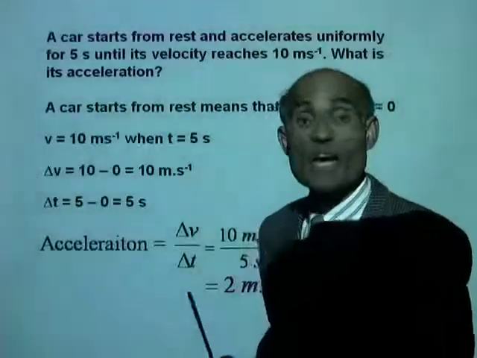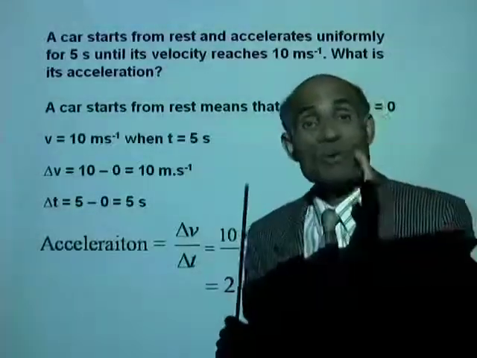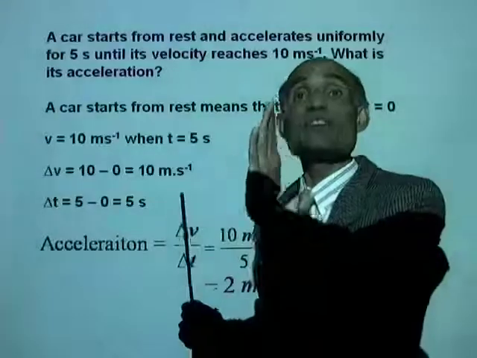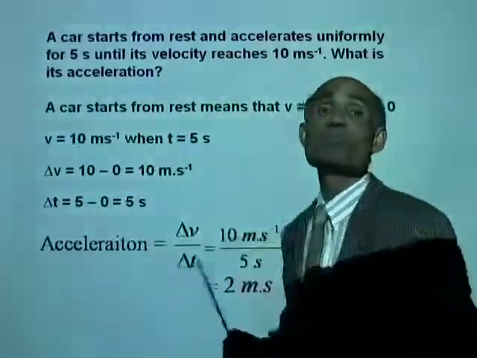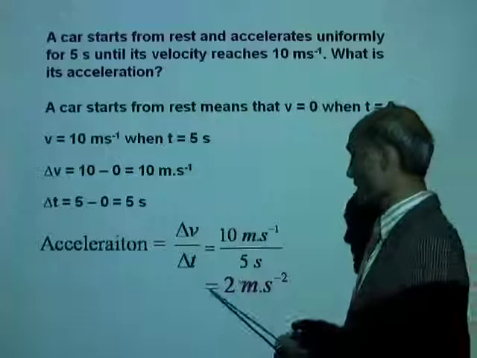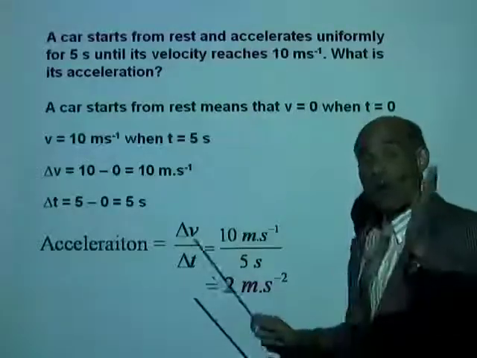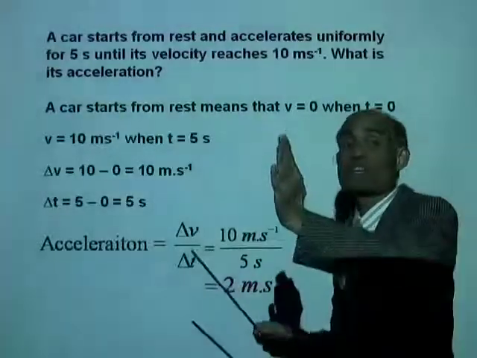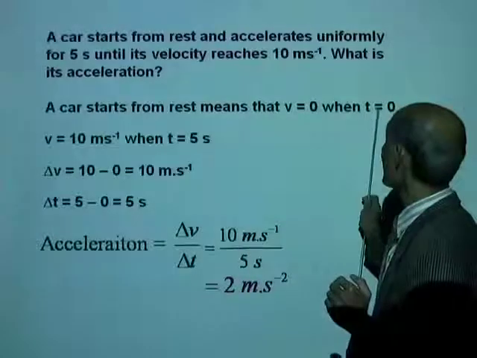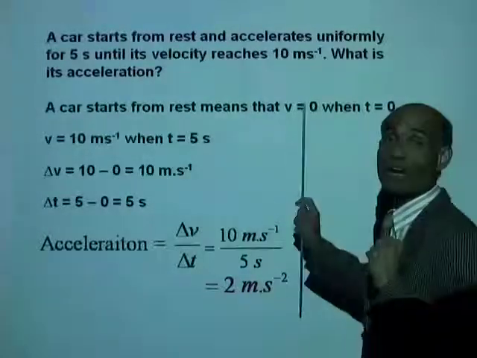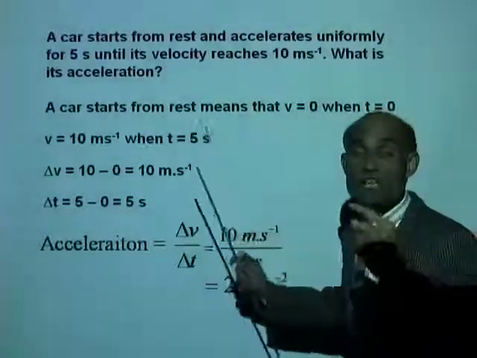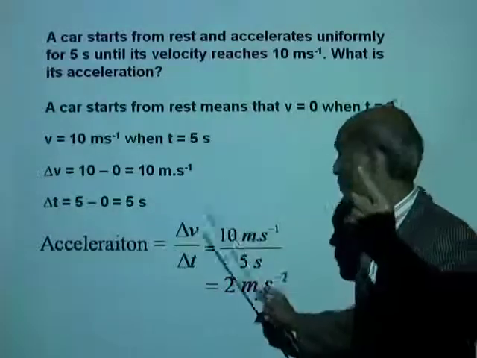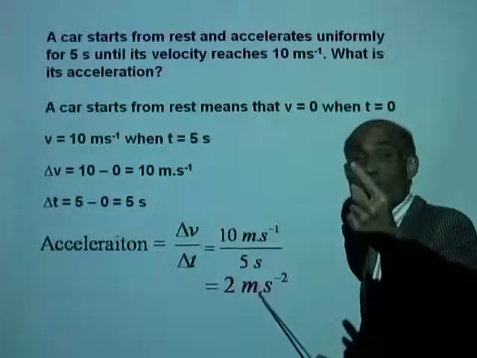It means every second the velocity of the object increases by 2 meters per second. That's the meaning there. Acceleration is positive. Velocity is increasing. That means when time t equals 0, the velocity is 0. When t equals 1 second, the velocity is 2 meters per second.